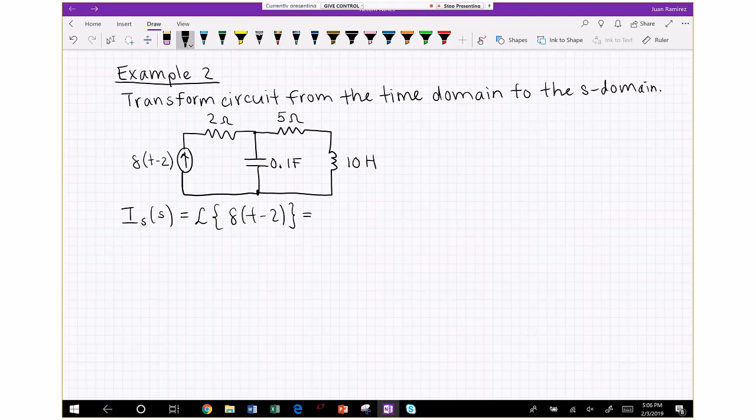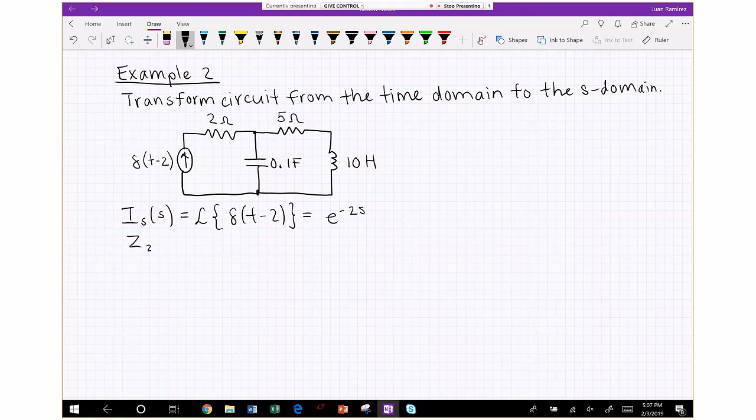Actually really straightforward. But because of the time shift, you have to look at the Laplace transform properties. You see that for a time domain shift, you have to multiply the Laplace transform of the non-time-shifted function by e to the negative as, where a is the time shift. Here the time shift is 2. You go to e to the negative 2s times the Laplace transform of the delta function, which is 1. So it's just e to the negative 2s times 1.